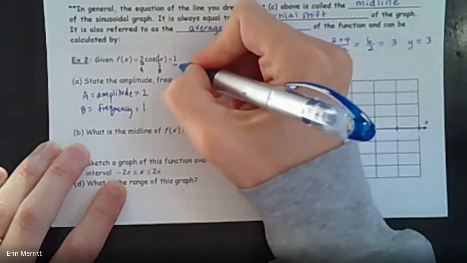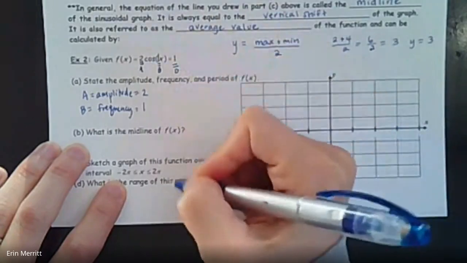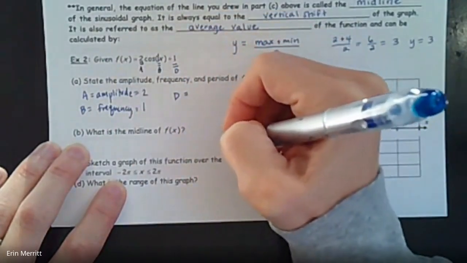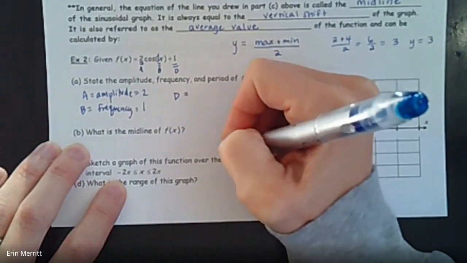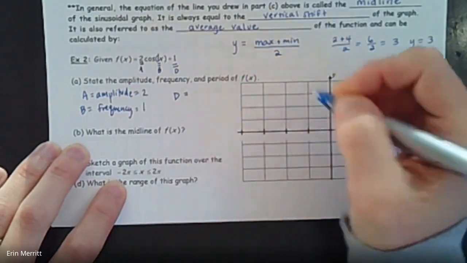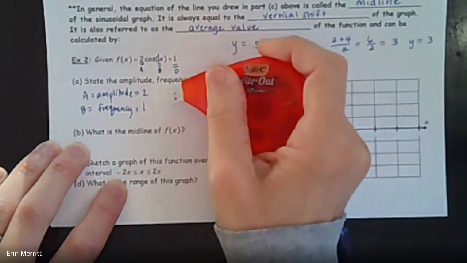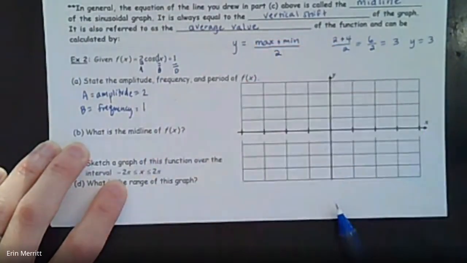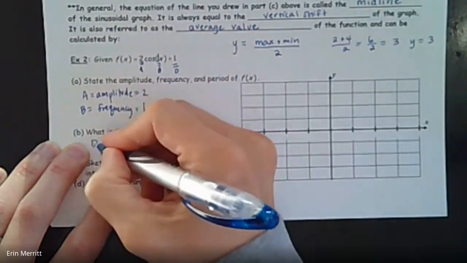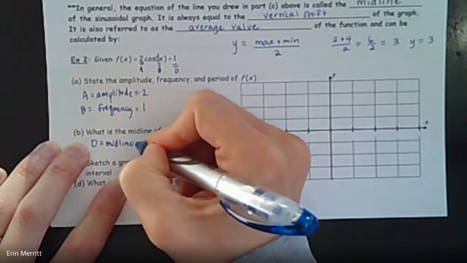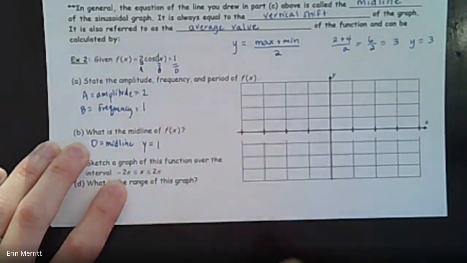What we do have is this guy out here, which is the d value, and that is the vertical shift or your midline, however you want to say that. Oops, sorry, that's for this next section. Getting ahead of myself here. Shift that baby on down here. All right, the d value, that's your midline. That is going to be y equals 1.